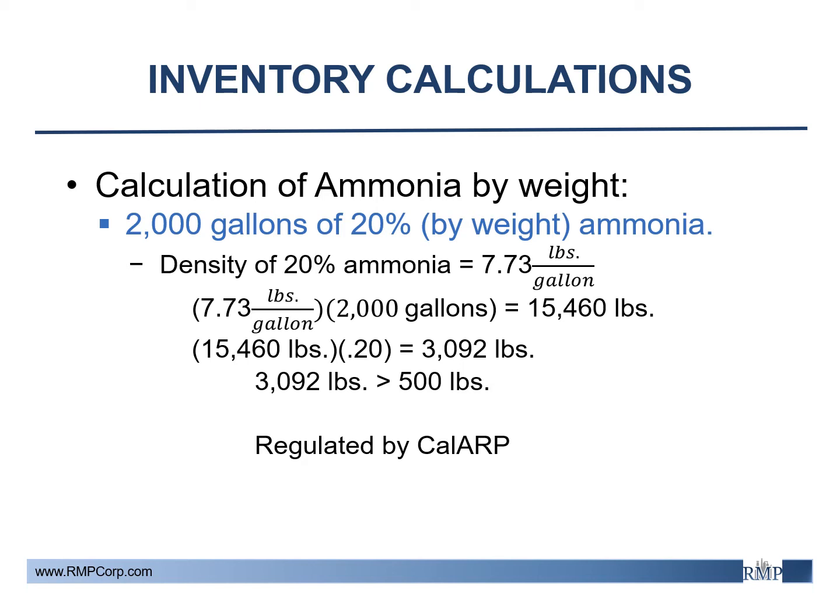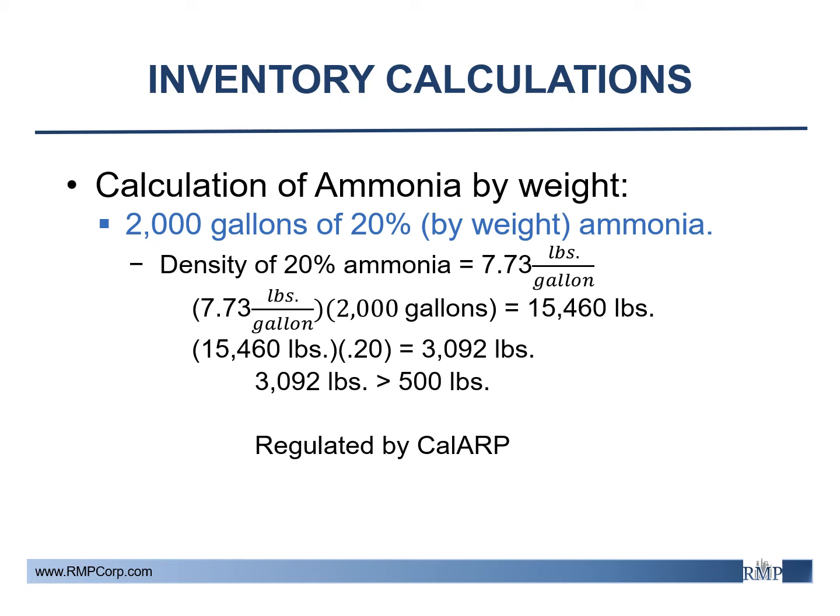For a 20% by weight aqueous ammonia solution at 2,000 gallons, we have the following. The density of a 20% aqueous ammonia solution is 7.73 pounds per gallon. For a 2,000 gallon tank, the total weight is 15,460 pounds of solution.